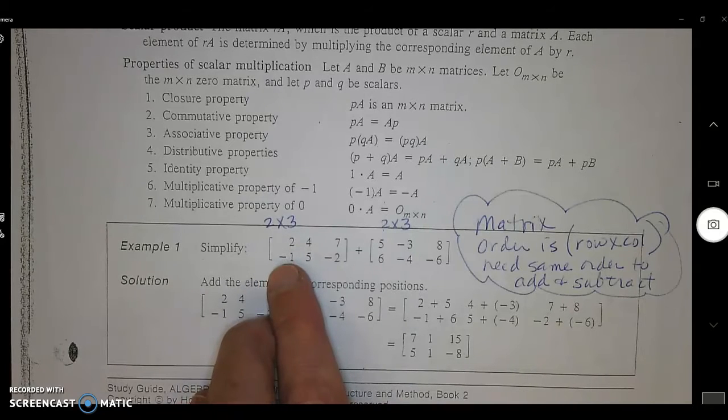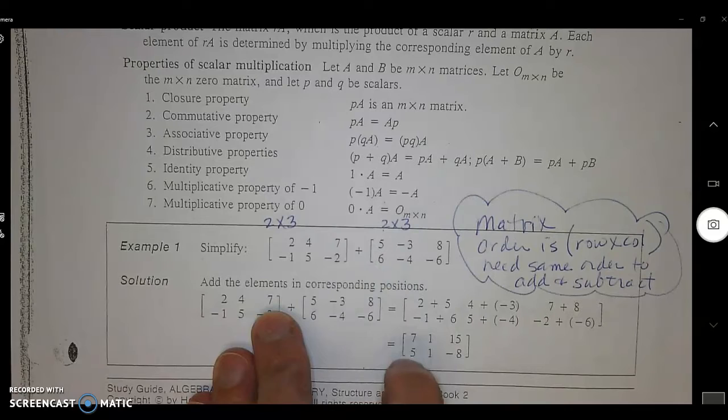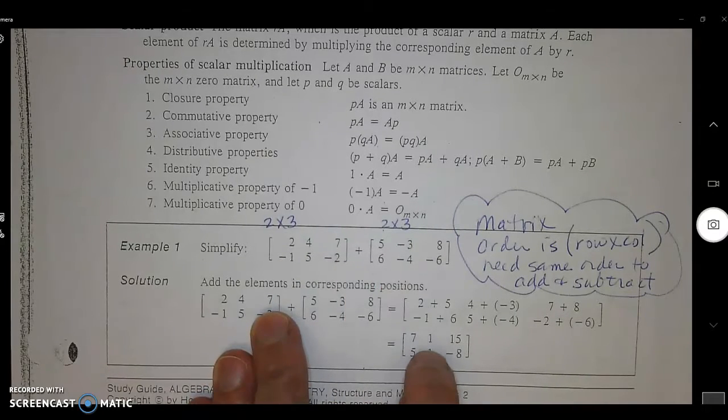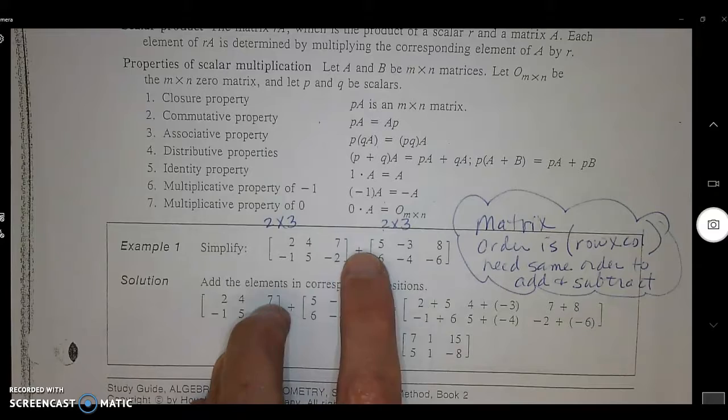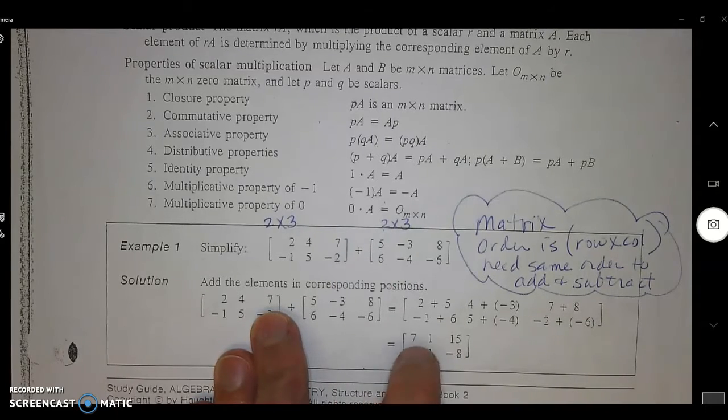Bottom now, so now we're on the bottom left. Negative 1 plus the 6 should be 5. 5 plus negative 4 should be 1, and negative 2 plus negative 6 should be negative 8. So that's how they're getting those.